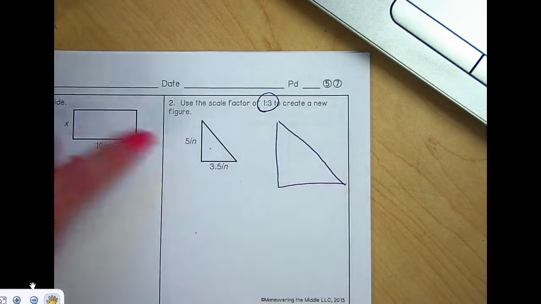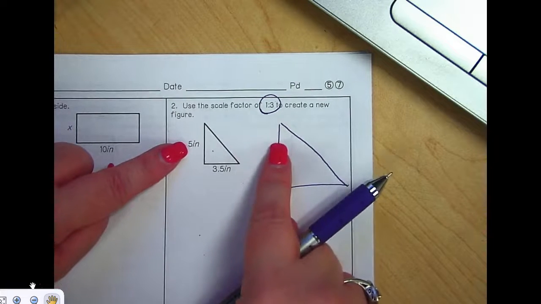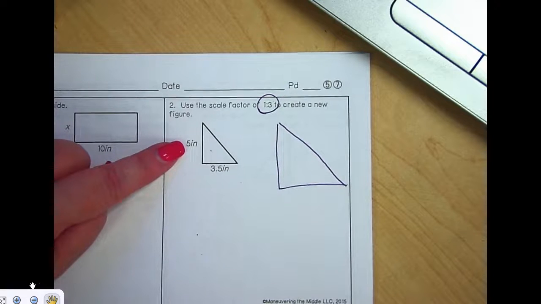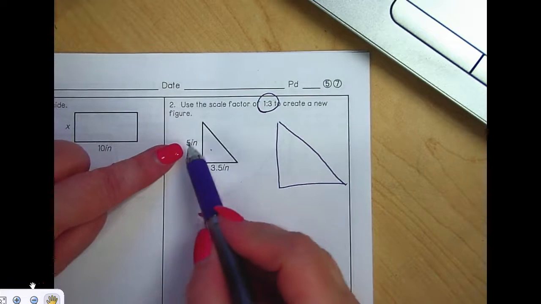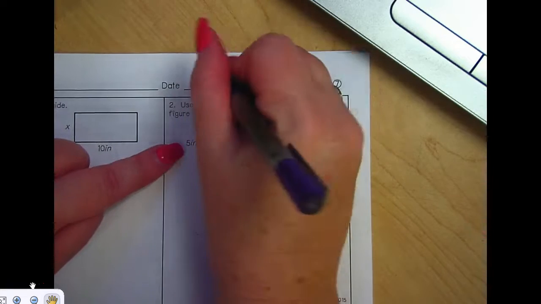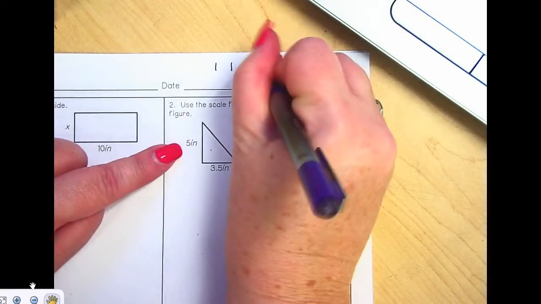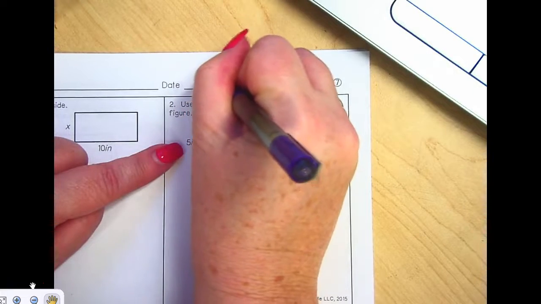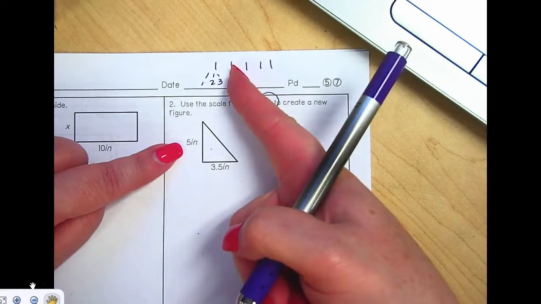So we knew that 1 to 3, what did 1 to 3 mean? Yes, for every 1 inch over here, we're going to have 3 inches over here. So we said that means 3 times bigger. Do you remember doing that? So if for every 1 inch here, if I have 5, 1, 2, 3, 4, 5, for every one of those, the other one's going to have 3. This inch will have 3.